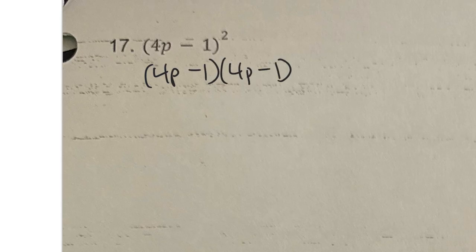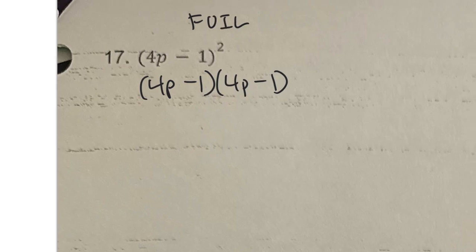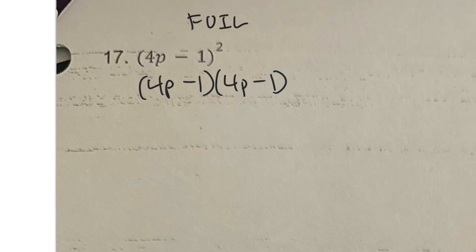This is really FOIL in disguise. Now, there is sort of a special pattern that you could memorize to do that, but I always thought that foiling just makes it a little easier because it's one less thing to remember. First times first gives us 16p squared. Outer times outer gives us this. Inner times inner gives us the same thing.